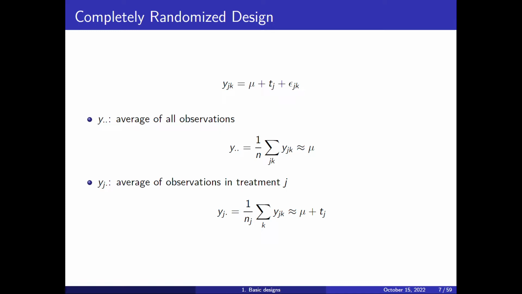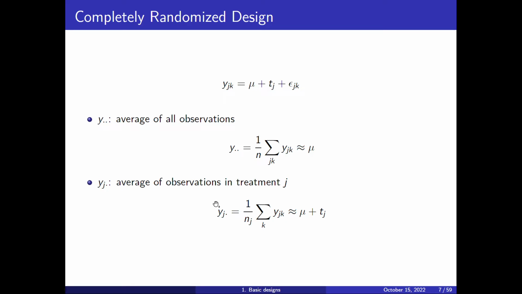We can compute different averages. We can compute the overall average: we sum over all j and k, and divide by the total number of individuals. This overall mean is an estimate of the overall mean; this is the population mean, and this is the sample mean.